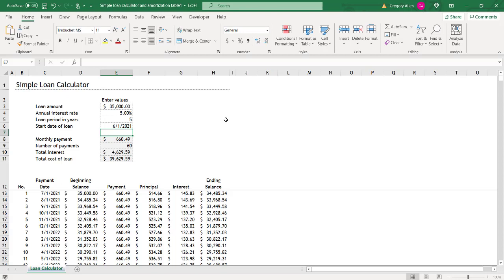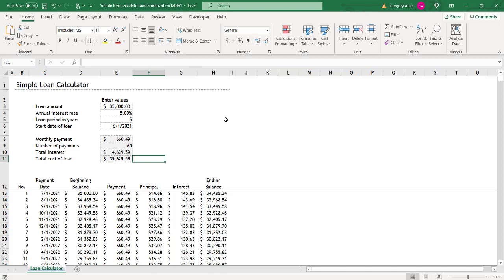Okay, so now it's done some calculations for us, right? The monthly payment is going to be $660.49. The total number of payments, so that's just 5 times 12, so that's 60. And it's also calculated the total interest we're going to pay and the total cost of the loan, which are also kind of nice things to know.